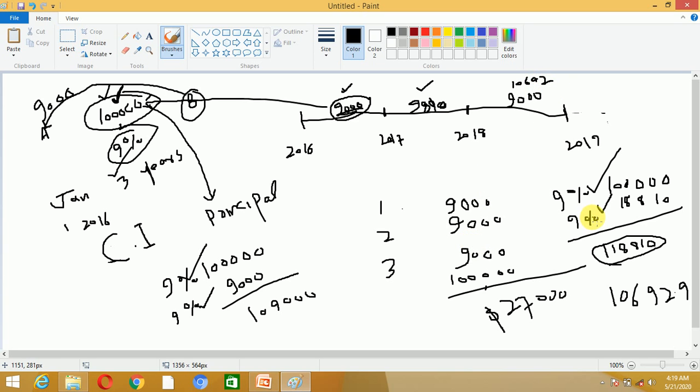Now compare it. Simple and compound. See, the first year, here we receive interest of 9,000. The second year we receive interest of 9,810.